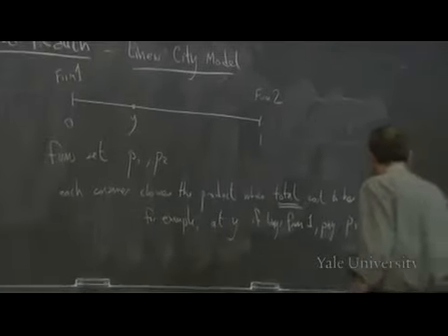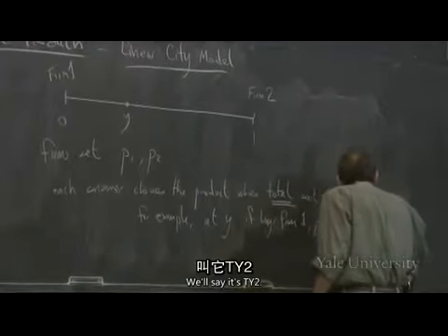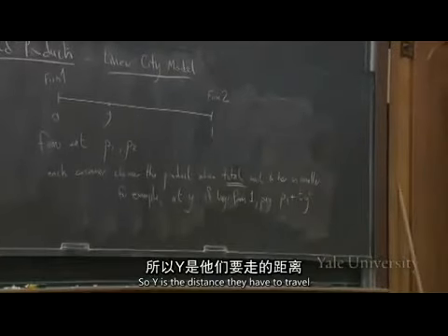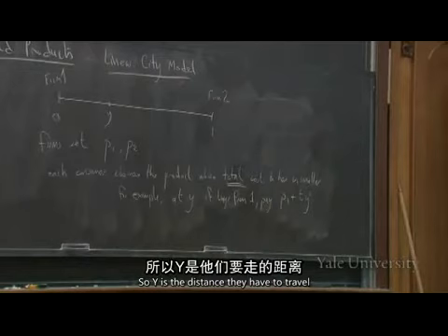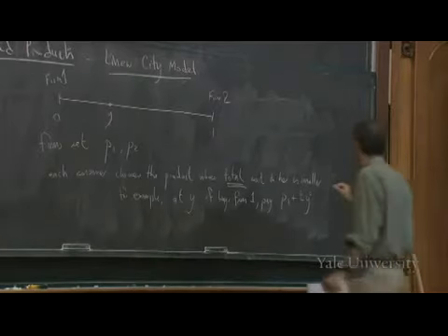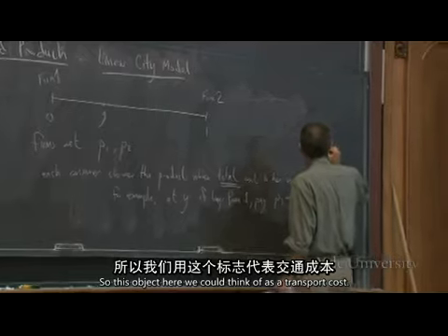We'll give a name to that transport cost: we'll say it's t y squared. So y is the distance they have to travel, and t y squared is their transport cost.